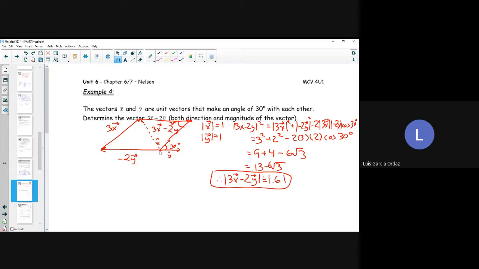So now I need to figure out what my angle is going to be. So this is going to be the angle that we're finding over here, which is theta. So I'm going to take sine theta over 2 is equal to sine of 30 divided by 1.61, which means theta gives me approximately 38.26 degrees.